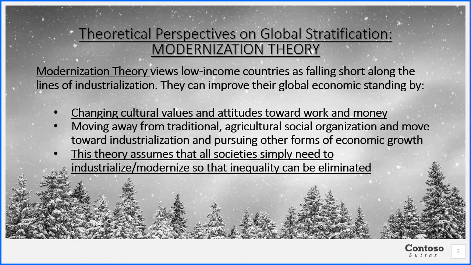The idea is that with more industrialization comes more income, more capitalization, and more money that can be spread across the populations in order to bring everybody's standard of living up and reduce poverty in those countries.